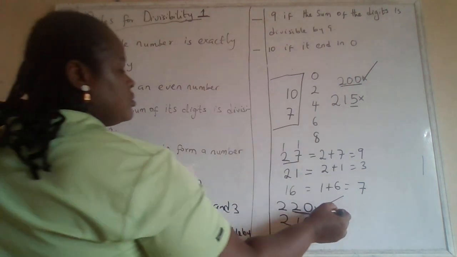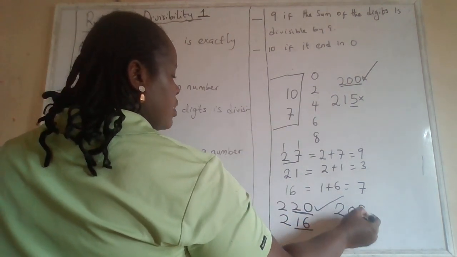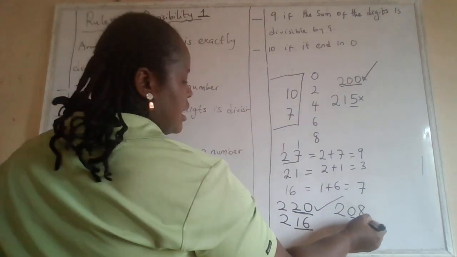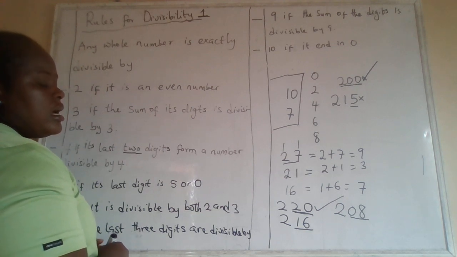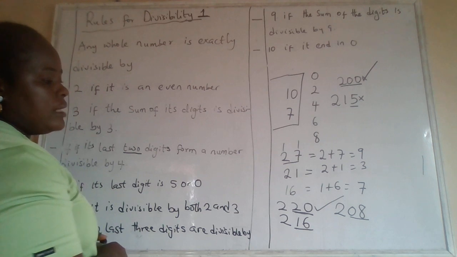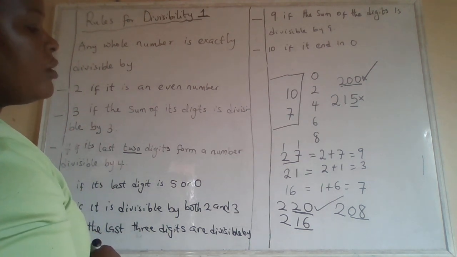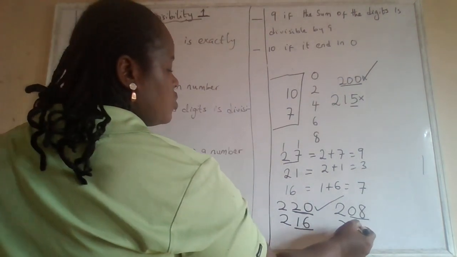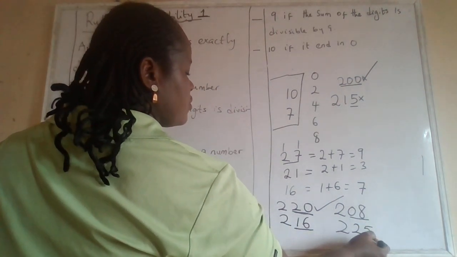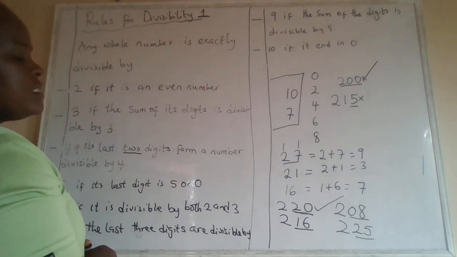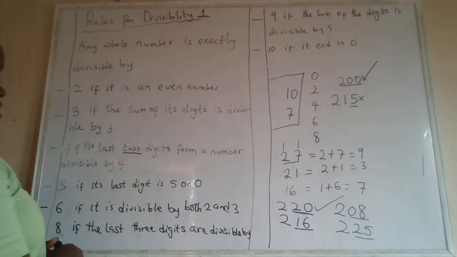Let's take another one. 208. 0 and 8 are the two last digits, and these two last digits, 08, give us 8, which is divisible by 4. So let's take another one. 225. 225 is not divisible by 4 because 25 cannot be divided by 4 without a remainder.